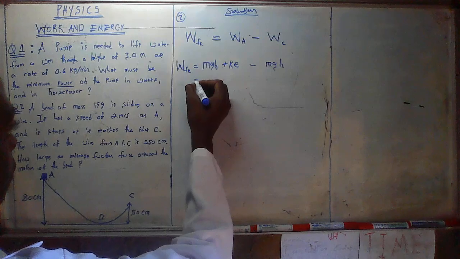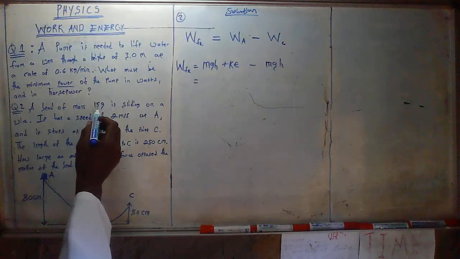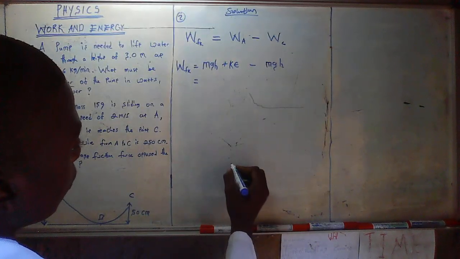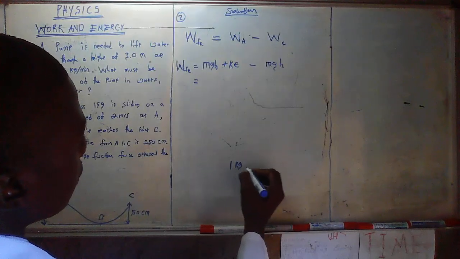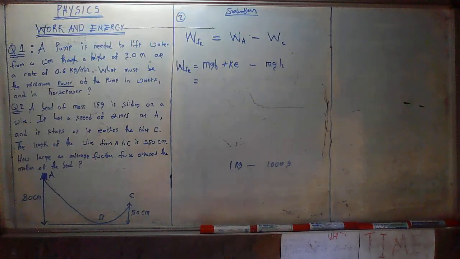Amazing. But now, what is the mass of this same system? Well, the mass is 15 grams, but we need to convert it to kilograms. How do we convert? 1 kilogram is equal to 1000 grams, right?